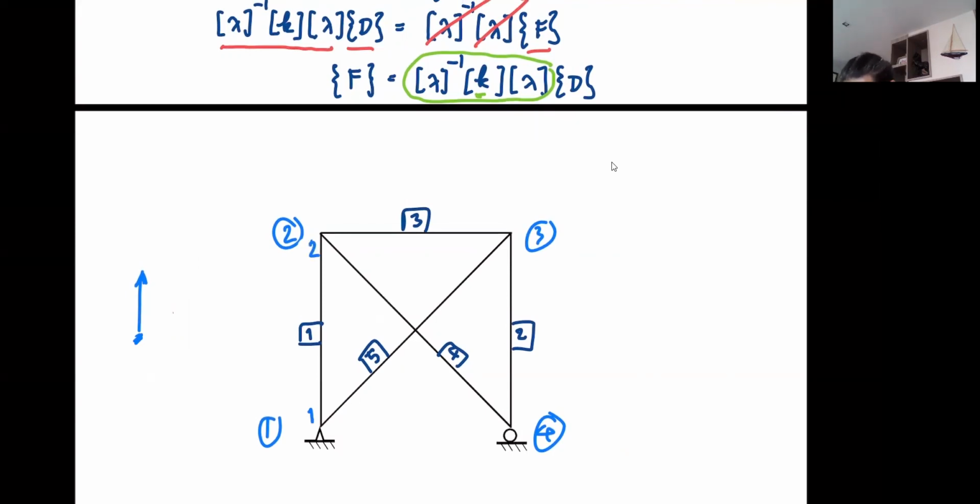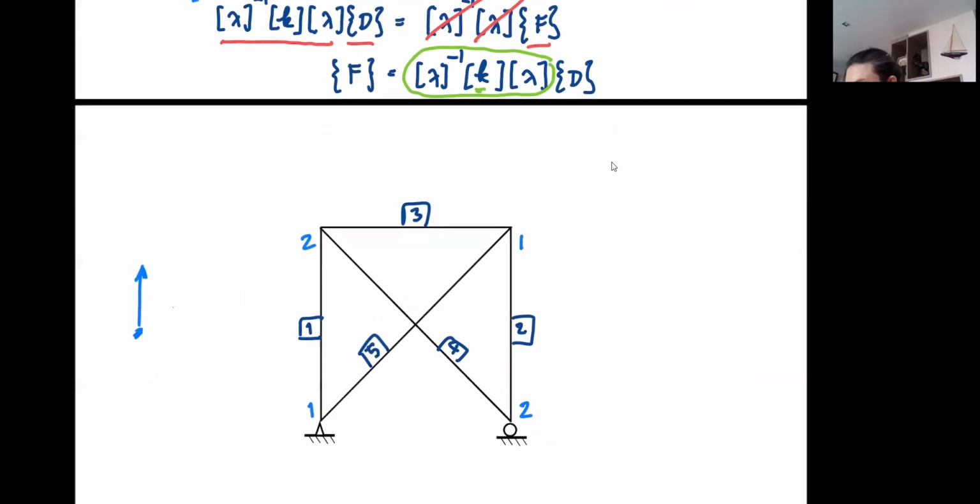And for my member number 2, let's play around a little bit. So let's call this 1, 2. You know what? We don't need the node numbers and they get in the way, so after I show you, I'm just going to erase them. So the orientation of member number 2 is like this now. You see?